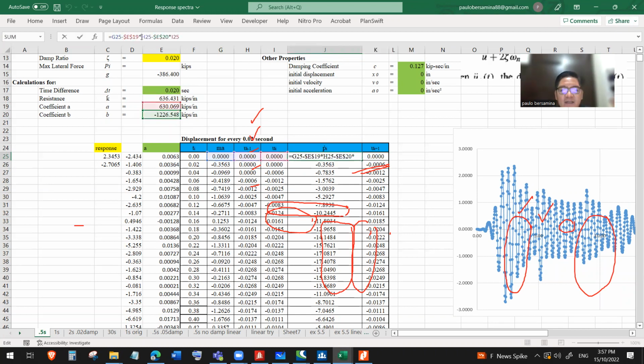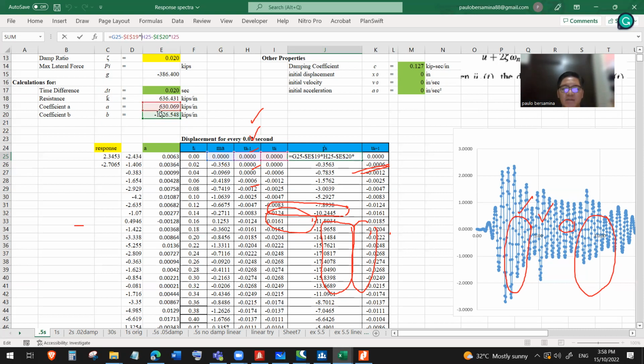While the P hat is dependent sa the constants A and B, as you can compute, and mass times acceleration. So binago ko yung para maintindihan na dependent yung P or the force sa mass and the ground motion acceleration.